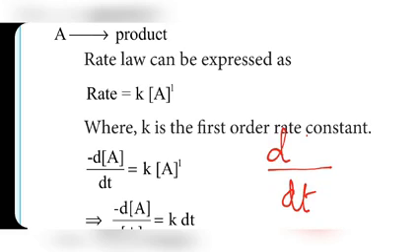Here the change is in concentration of reactant. If rate is expressed in terms of reactant, we must add a negative symbol, because as the reaction proceeds the concentration of reactant decreases. For that reason we add minus. So rate is equal to minus dA by dt, and minus dA by dt is equal to k into concentration of A power 1.